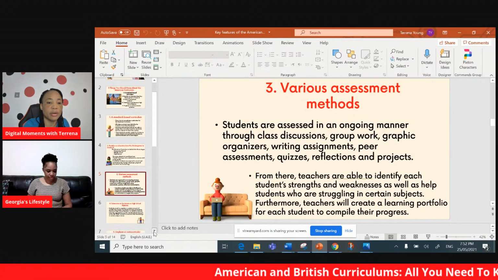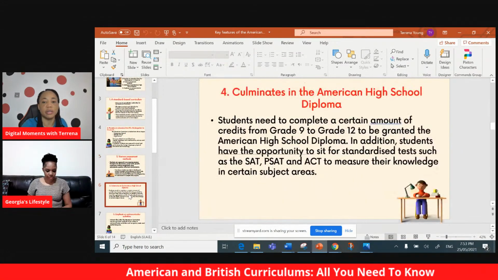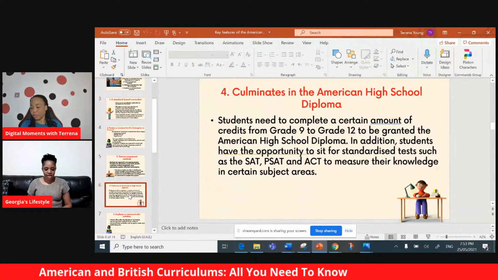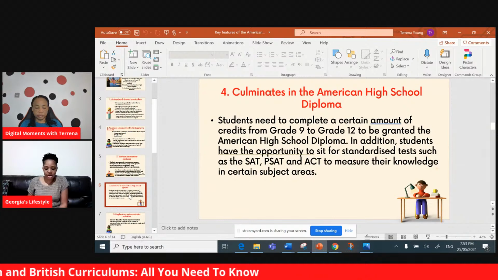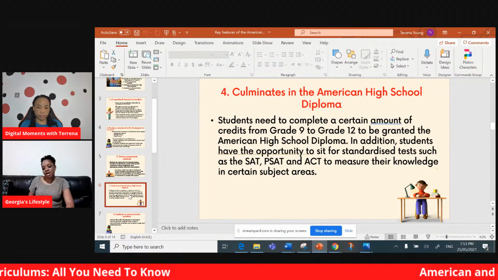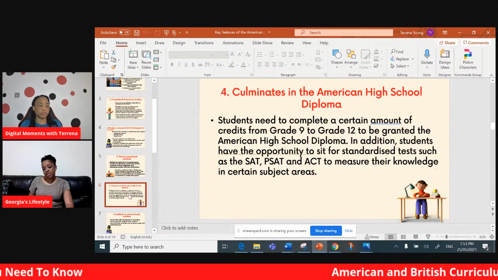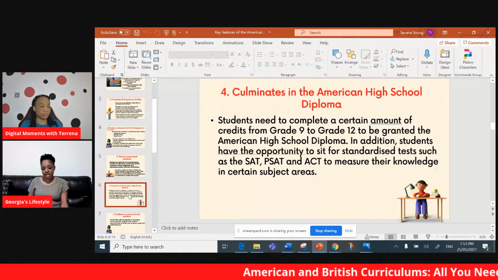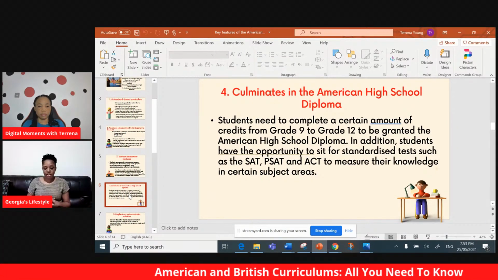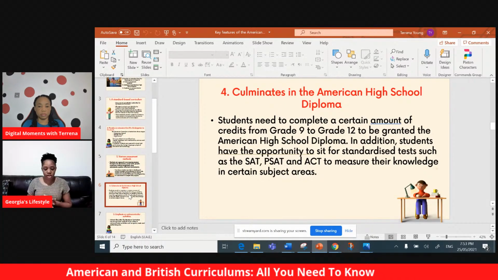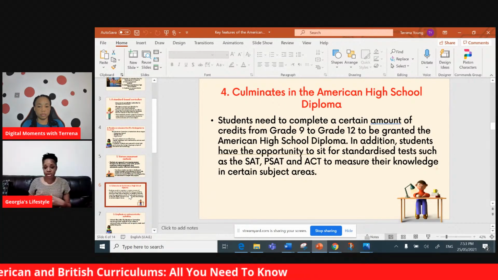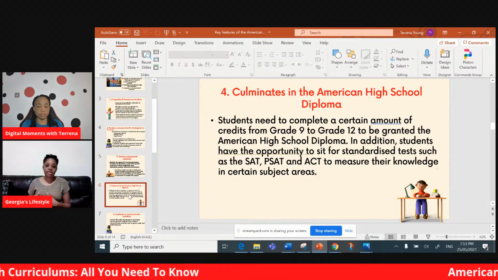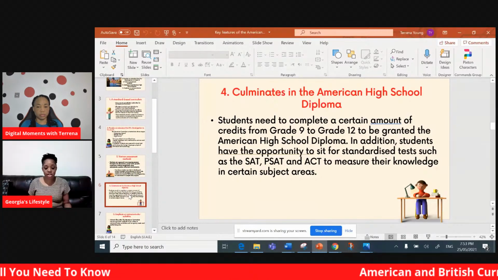Okay, Georgia, let's look at number 4. The American curriculum culminates in the American high school diploma. Whenever kids leave grade 12, they leave with the American high school diploma. Because it's grade 12, it is almost like pre-college, I would call it.